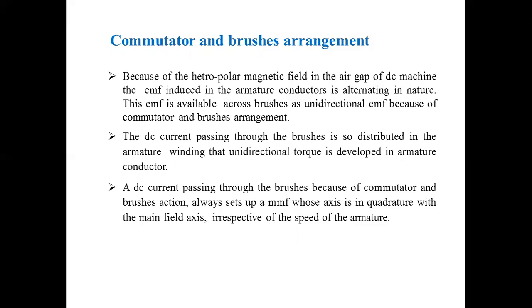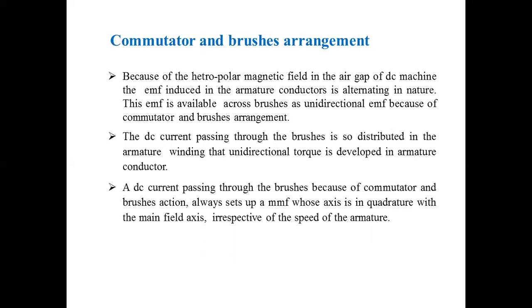Actually, any motor can also act as a generator. While driving the mechanical load it runs as a motor, and while running, it can generate an EMF. That is the generator action.